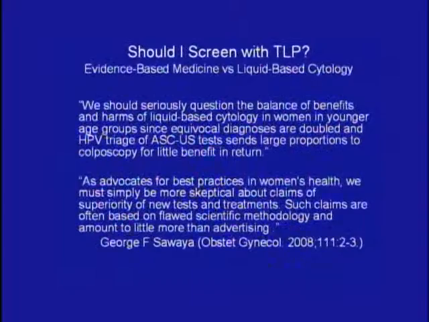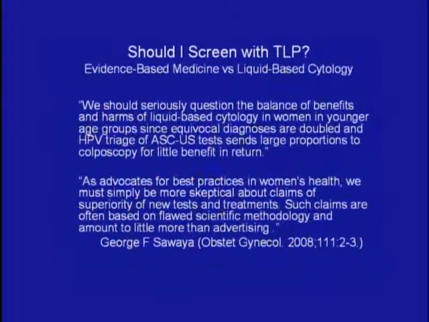He says we should seriously question the balance of benefits and harms of liquid-based cytology, especially in women in younger age groups, because the equivocal diagnoses are doubled, and these are groups who have high rates of positivity for HPV. So they have a thin layer Pap, they get a reflex HPV, it's positive, they go on and get colposcopy, but there's no real benefit to them.